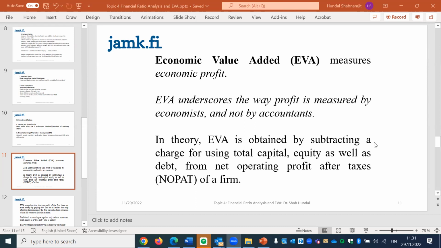And this is what the economists challenge. They challenge that how can you entitle somebody whose cost is not even calculated? So the economists challenge accountants: hey guys, just like you have the cost of debt, just like you have a cost of financial debt, also have the cost of financial equity and subtract it, and then show your real profits.